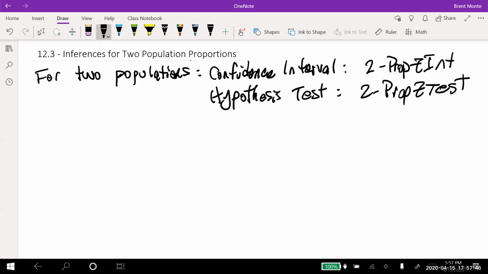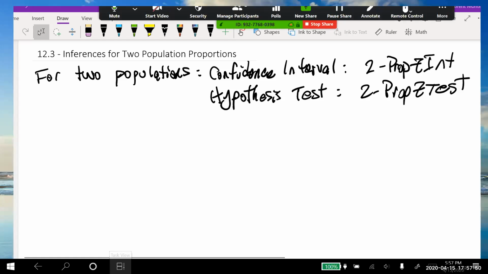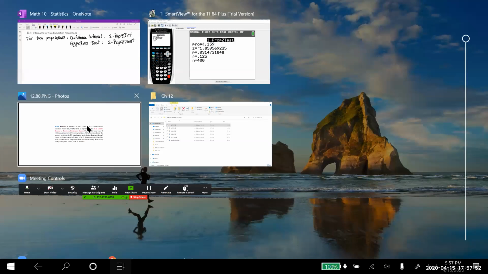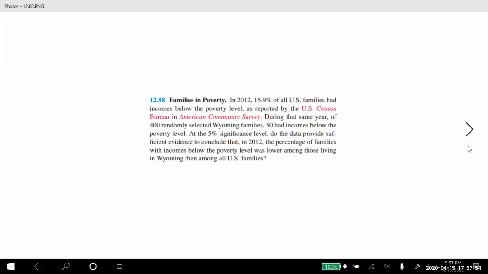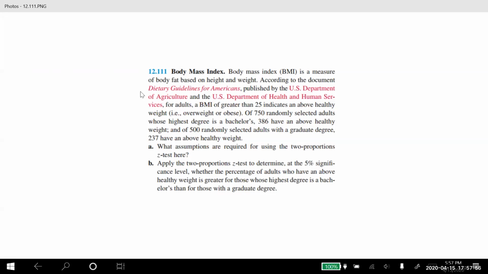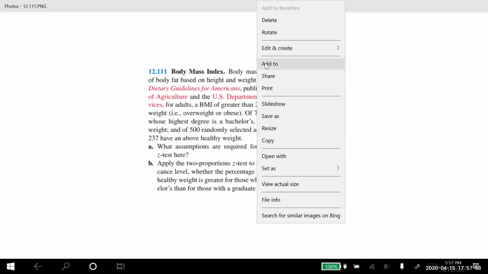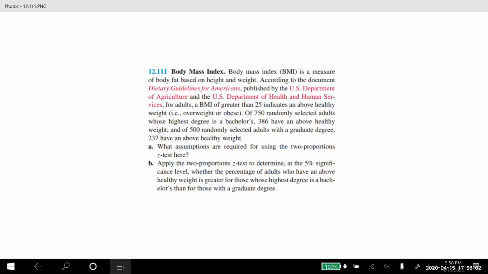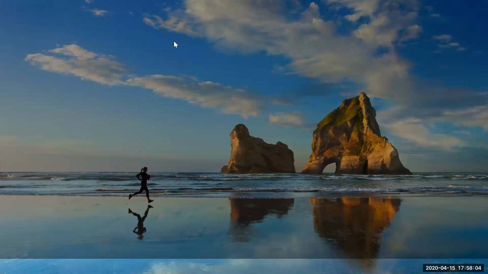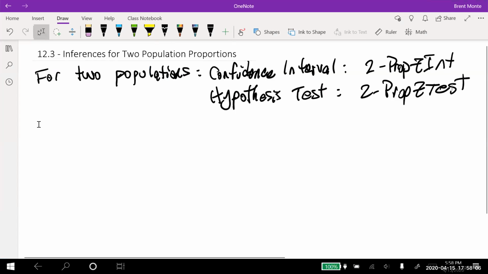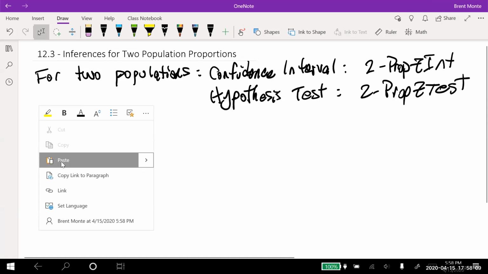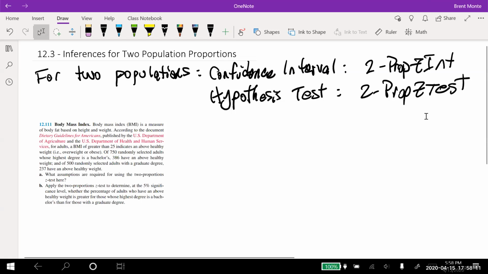I'm looking in the book, figuring out which one to choose, but I've already copied it down, so there's no choice. I need to go to whatever this problem is, body mass index. There's the one I chose. So let's copy that. We'll paste that into our worksheet. So here's our problem.